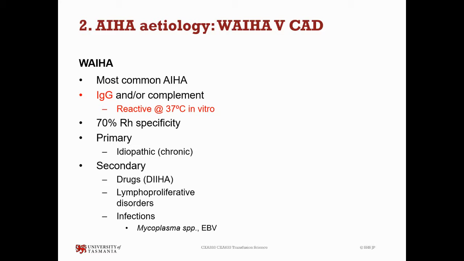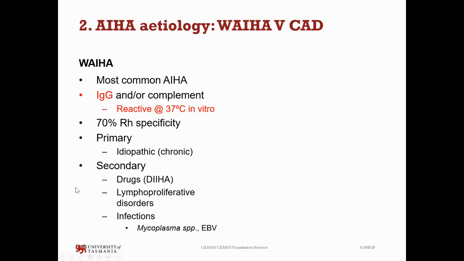So as with a lot of the immune conditions that we learn about, many of them are idiopathic. That means that we don't know why they happen. And these tend to be more chronic cases. And then otherwise they're secondary to other predisposing conditions or to a medication.